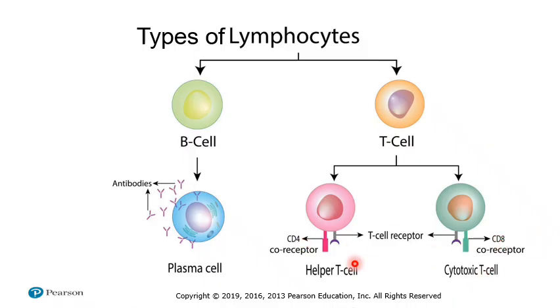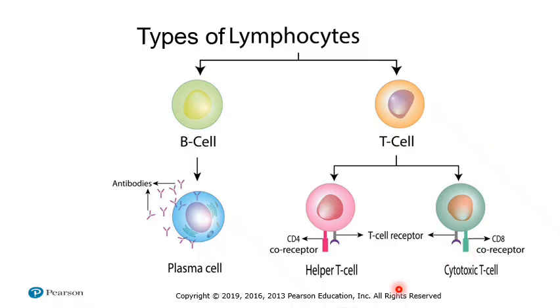When do they become that? Well, if they are naive and have not encountered any antigens yet, then you call them just a regular CD4 T cell or a CD8 T cell.